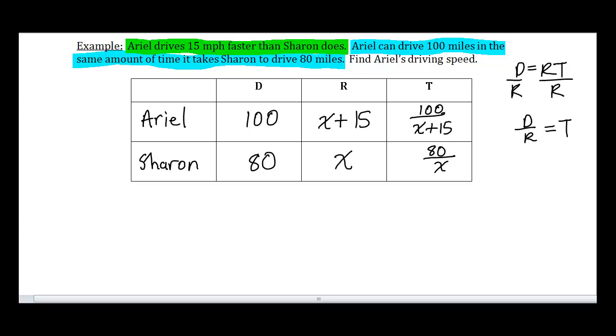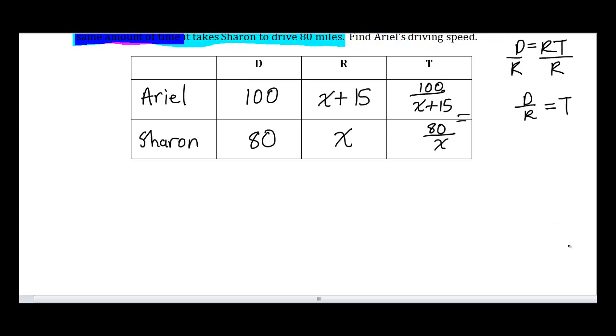The thing that's going to help us set up our equation is the same amount of time. When we see that same amount of time, that means the times are equal. These two things are equal. And so if we want to set up an equation, well, take 100 over x plus 15, that's Ariel's time, and set it equal to Sharon's time, which is 80 over x.